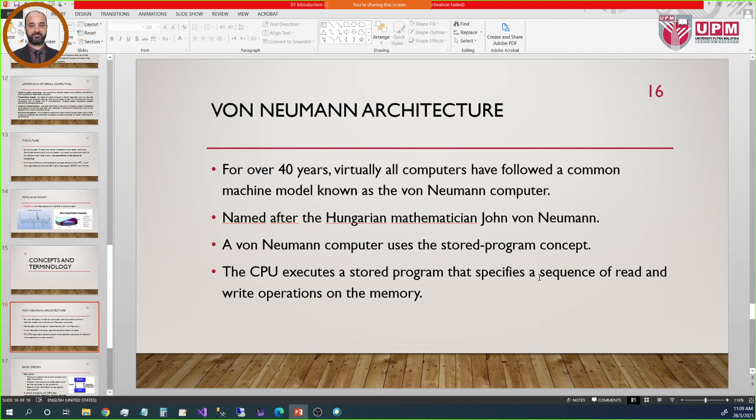So the program and the data are saved into the memory. The program is all about a set of instructions that reads and writes that data from or to the memory.